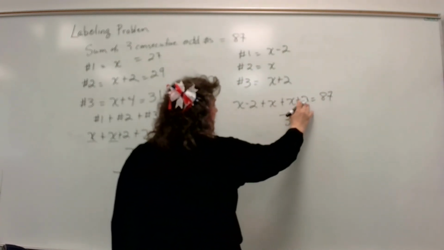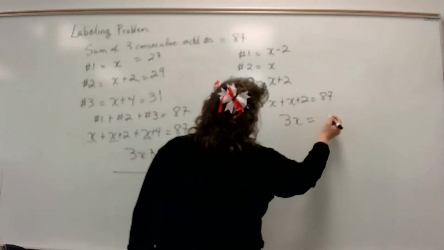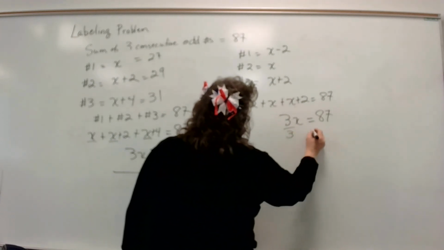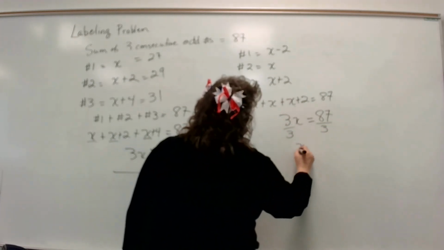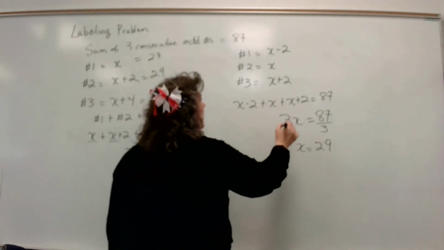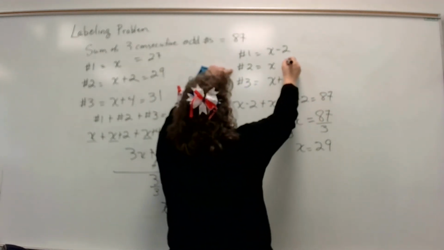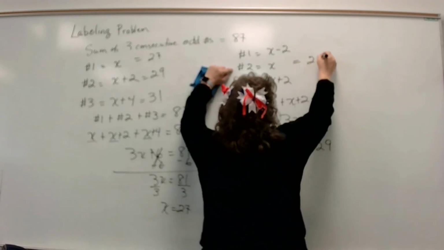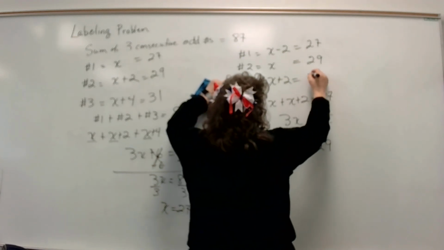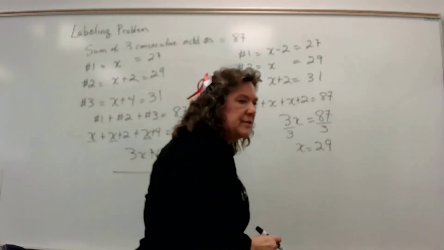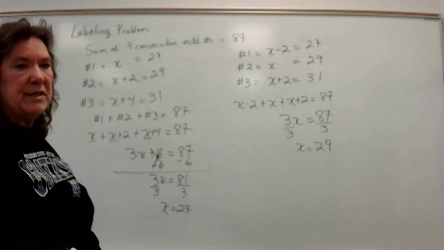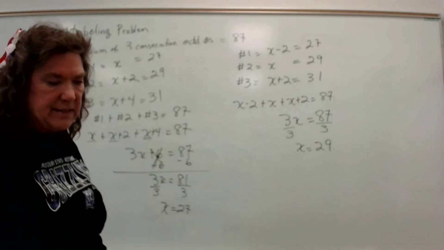Negative 2 plus 2 is 0, so that gives you 3x plus 0, which is 3x, is equal to 87, divided by 3, and x is equal to 29. Okay? So come up here, number 2 is where my x is, so that's 29. Subtract 2 is 27. Add 2 to 29 is 31. So you see, you get the same answer no matter which way you work this problem. It works out very nicely when we do that.